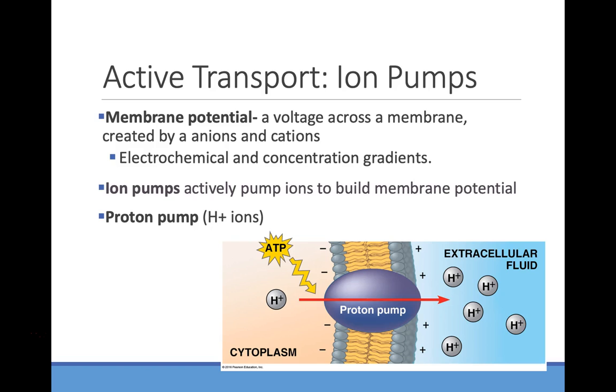These ion pumps are working by active transport, so energy is used. And we are going to see these extensively when we look at the processes of cellular respiration and photosynthesis. Both of those processes use this hydrogen ion gradient to power the production of ATP, and that's really important in the cell.